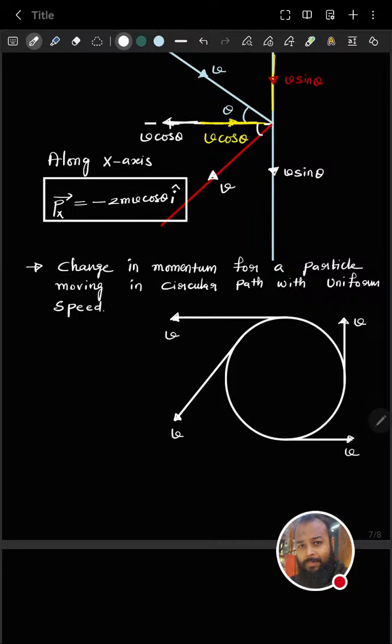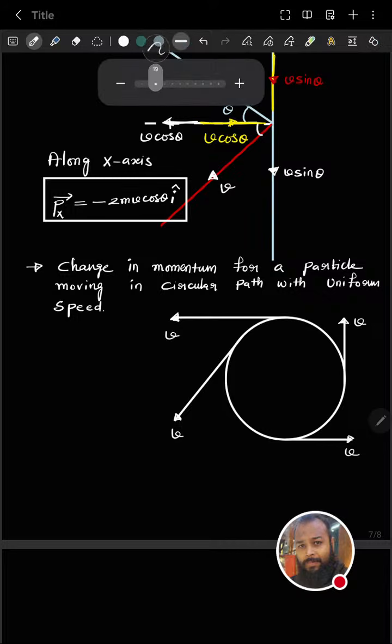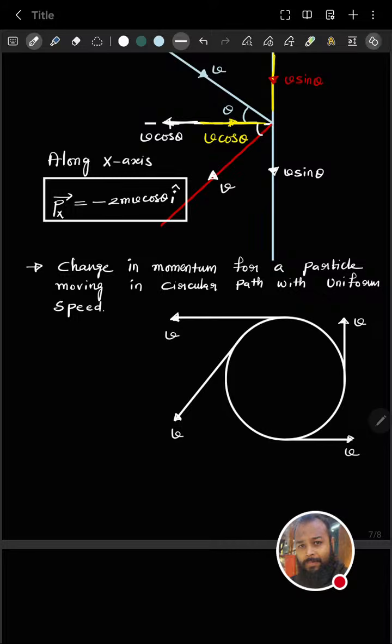Actually, we have already done this one, which is the magnitude of change in velocity, but still we'll do it again. So let's say this angle is theta.